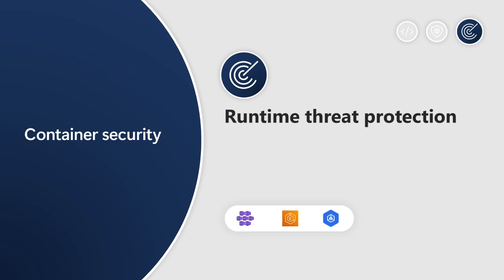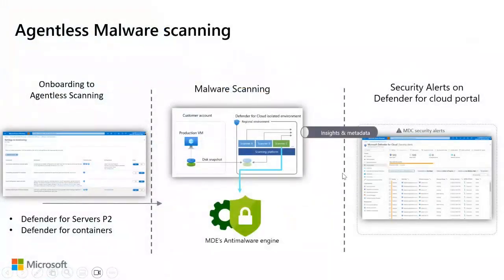Okay. So going forward, in addition to what Future has showcased about the agentless scanning for machines capability, the same capability also provides malware scanning on the Kubernetes host. So here comes the agentless malware scanning.